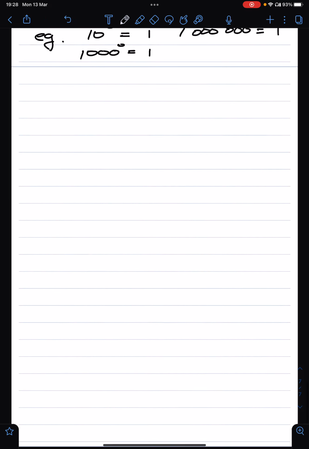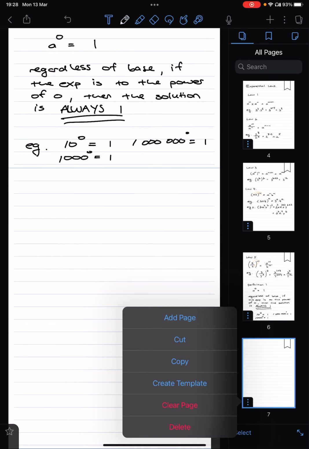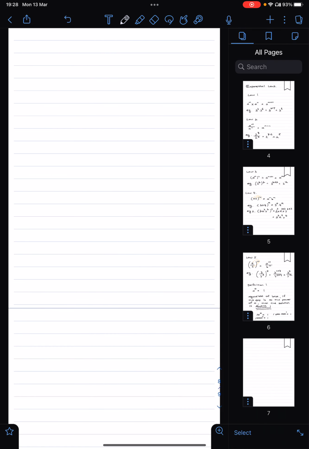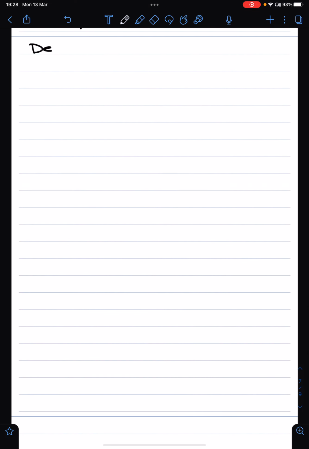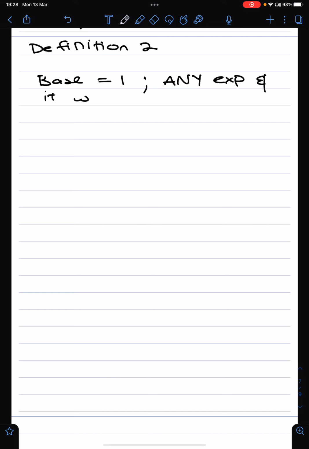Let's go over definition 2. Definition 2: if I have a base which is equal to 1, I can have any exponent and it will still have a solution of 1.